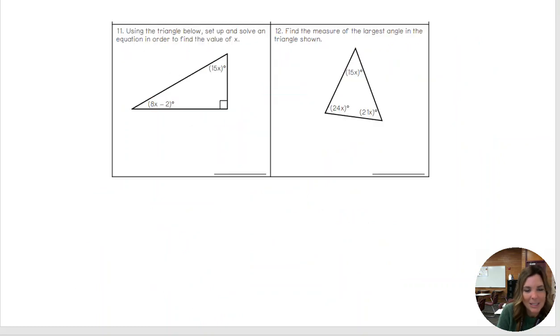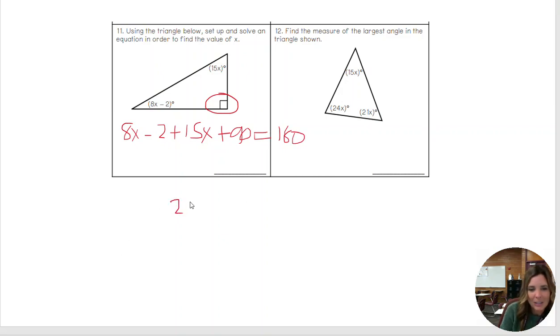Okay, next one. So on these two, the thing that you needed to remember is that the three interior angles of a triangle add up to be 180. So x minus 2 plus 15x plus the third angle right here, which is 90, all of those equal 180. So now we're going to combine like terms on the left side, which gives us 23x plus 88 equals 180.